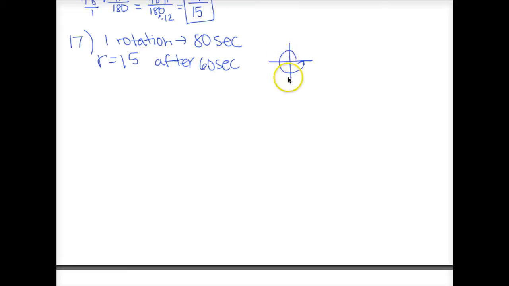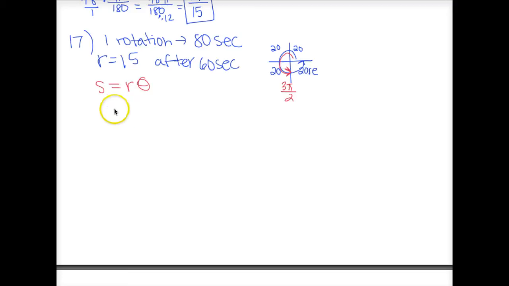So if you think that way, that's great. And you could say, okay, if 80 seconds is a full rotation, that means every 90 degrees is represented by 20 seconds. So if you do it that way, then you can see that 60 seconds would bring you here in the coordinate plane, and in radians, that is 3 pi over 2. So if you are doing this using s equals r times theta, then your theta is going to be 3 pi over 2.